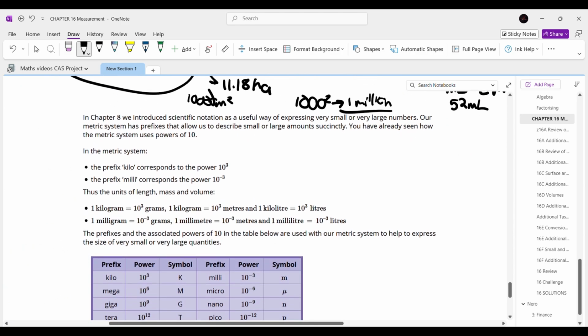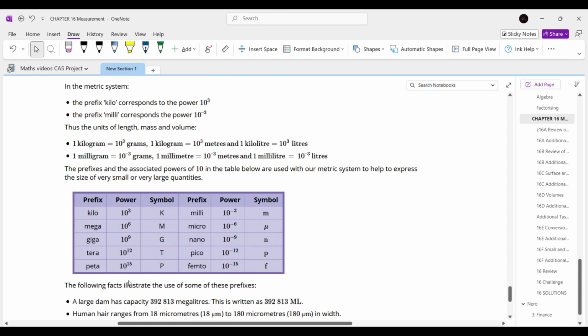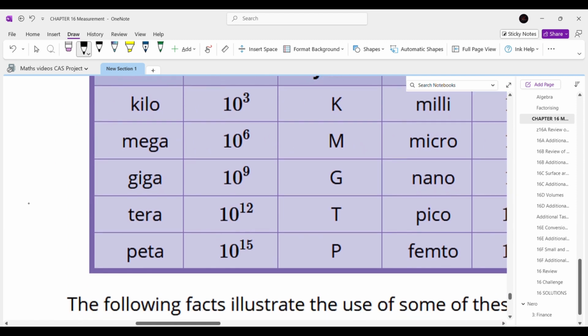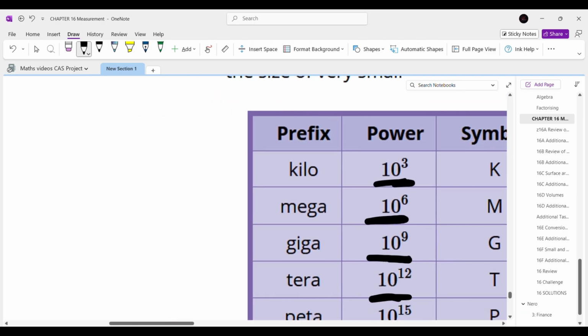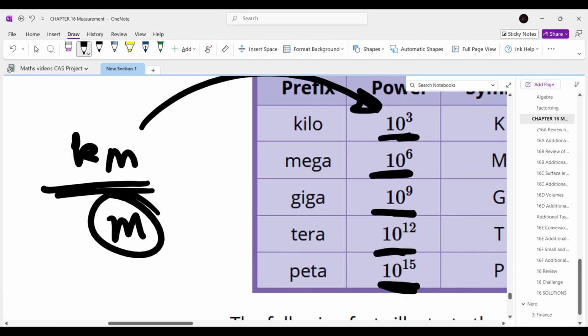Over here, we just want to have a quick look in terms of scientific notation and your prefixes for some of these units. So we've got kilo, mega, giga, tera, peta, and these are just your symbols of power in order to express them in terms of like units. So if we have something like a kilometer, it's just 10 to the 3 of the SI unit, or the standard unit, which in this case is a meter.